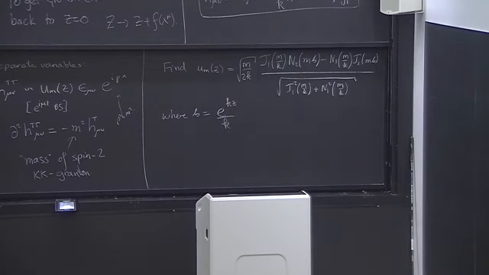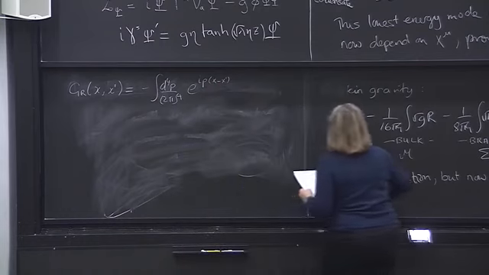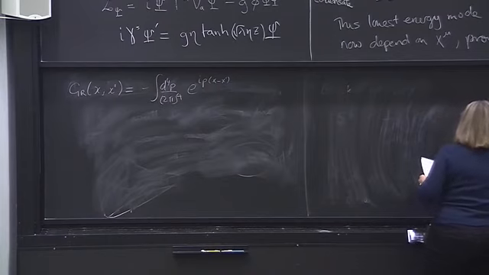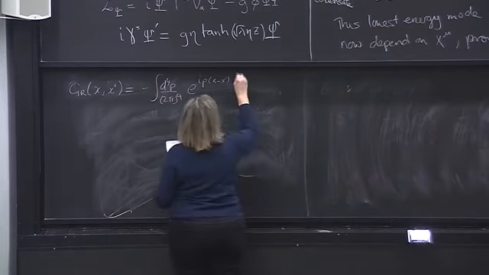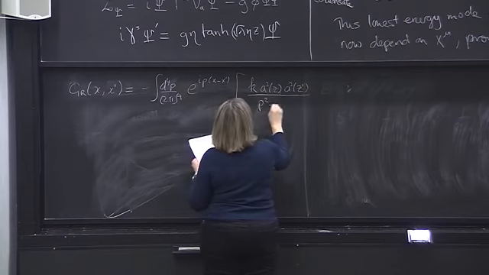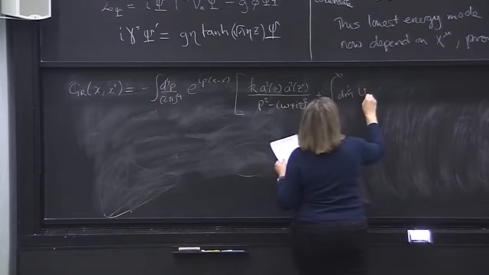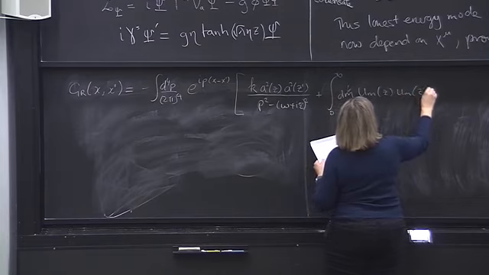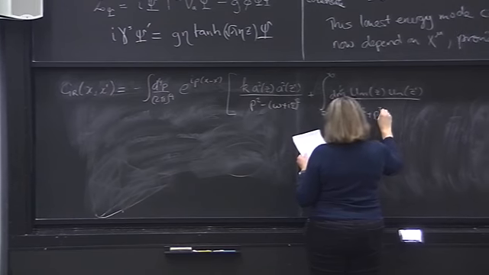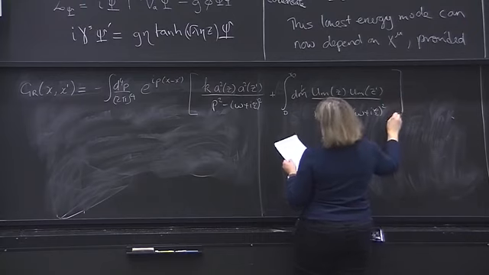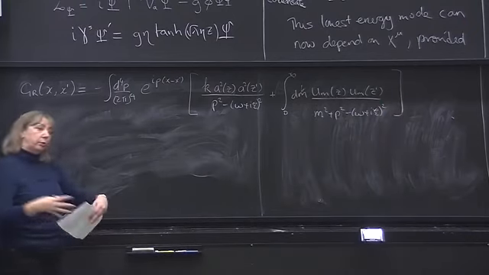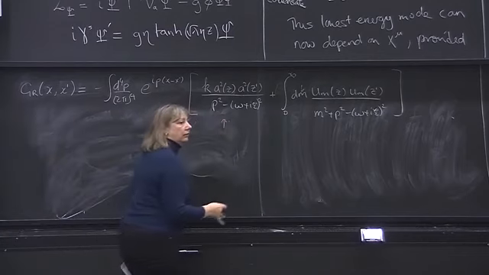So in general, our Green's function for this spin 2 mode, when we pull all this together, looks like your standard massless type of propagator.